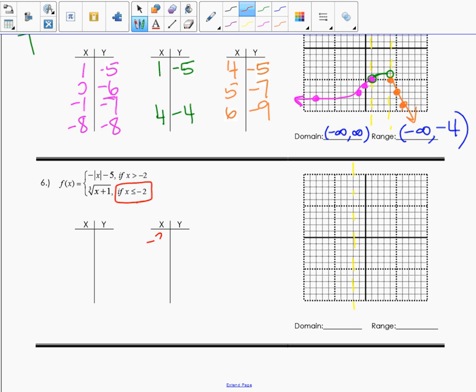So at -2, you have the cubed root of x plus 1, and make sure you put that in your calculator correctly. Okay, so when x is -2, we're at -1, and that's going to be a closed circle.